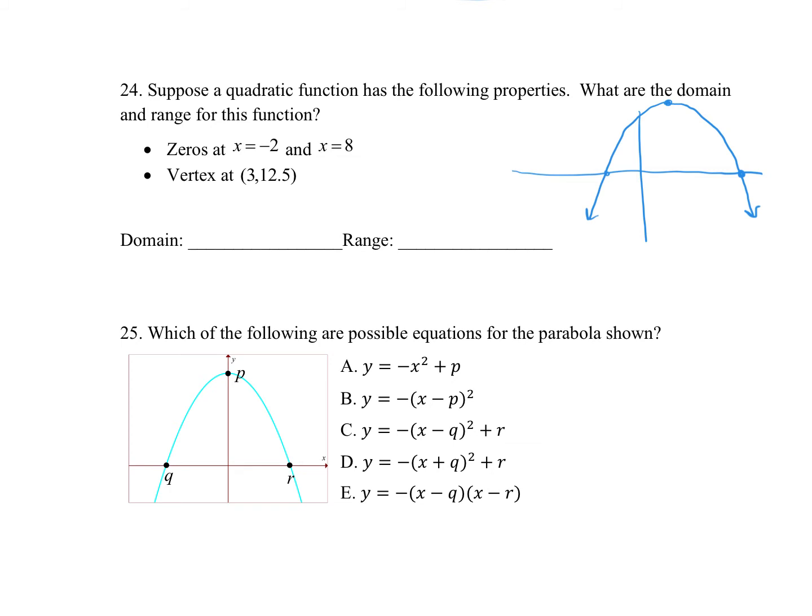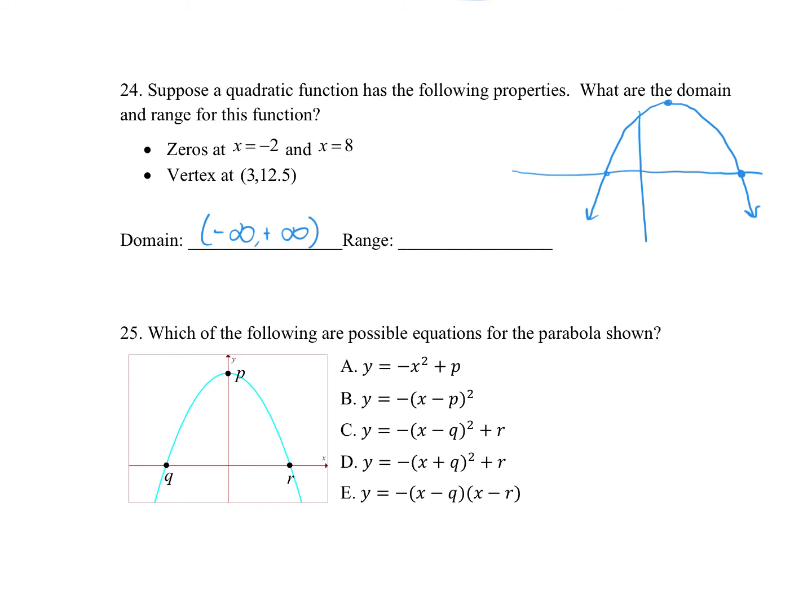So here we have the arrows on this graph going down and to the left and down and to the right. And with a quadratic function, those will keep going on forever. There's no weird square roots or dividing by things that could end up being zero to worry about. So here our domain is perfectly fine to be negative infinity to positive infinity, and you don't have to write the plus with the positive infinity. I was just doing it for clarification's sake.